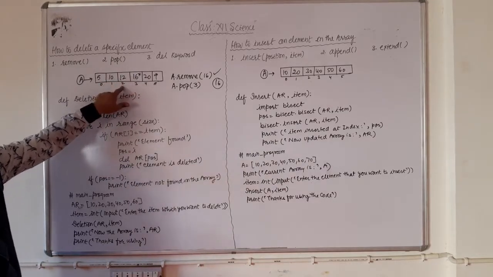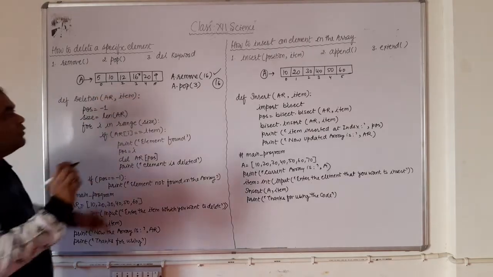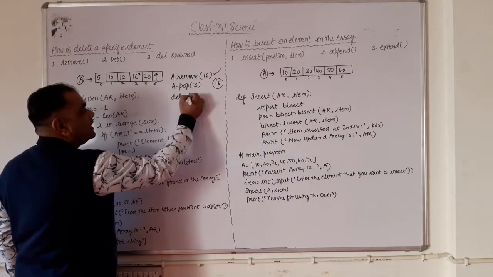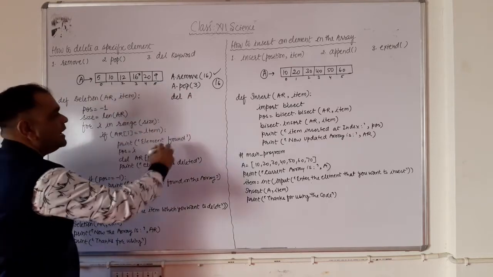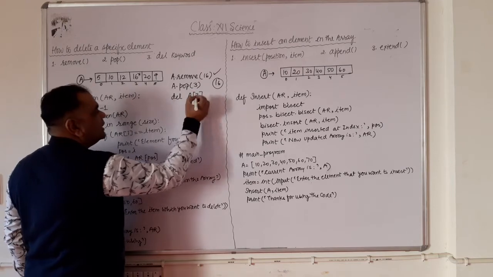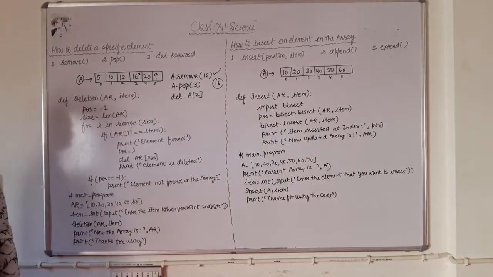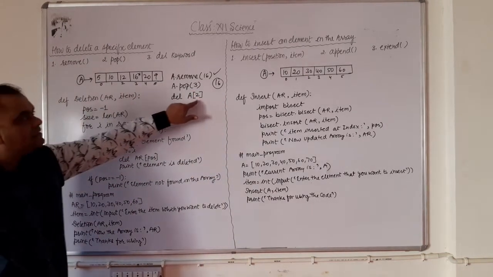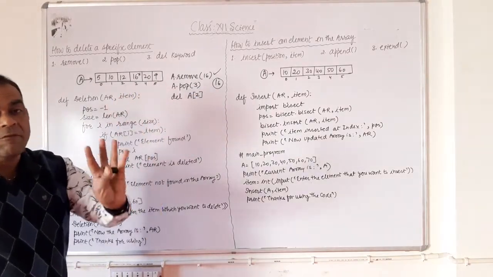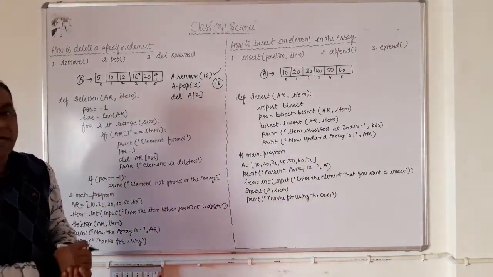Here 12 is at second position. Now how can you use the delete command? The command works like this: del, just write the name of the array. The name of the array is A, and then supply the specific position over here with this array name. Clear? So these are three different default removing functions, removing commands of Python.